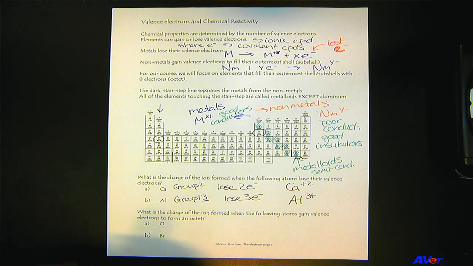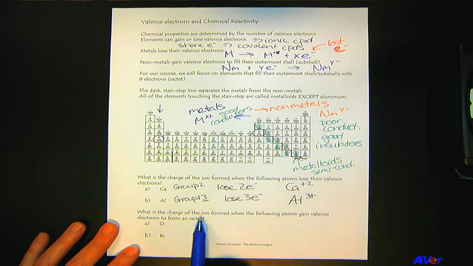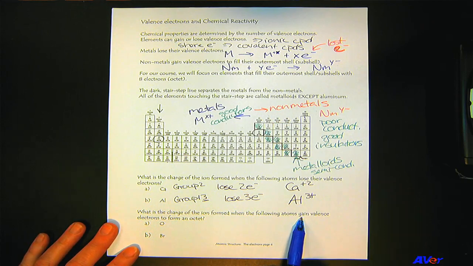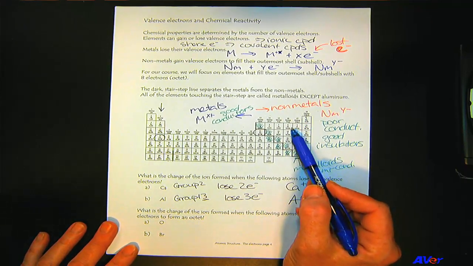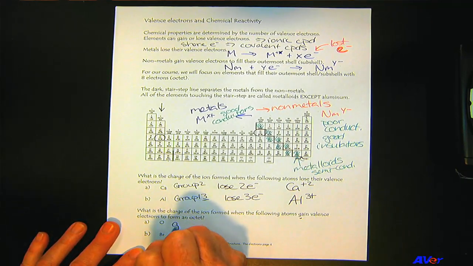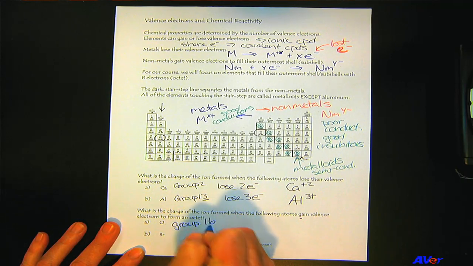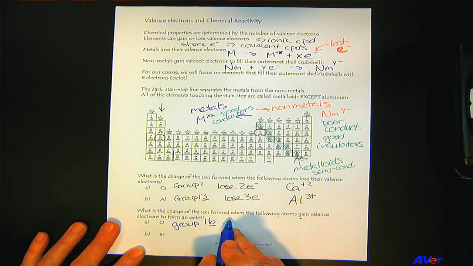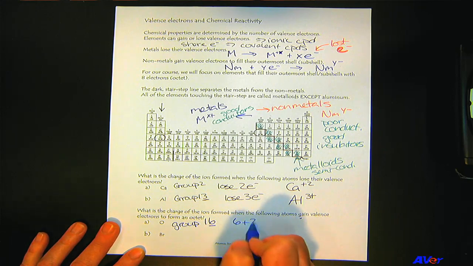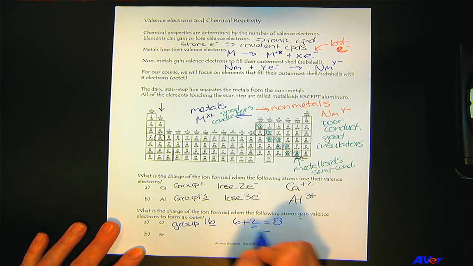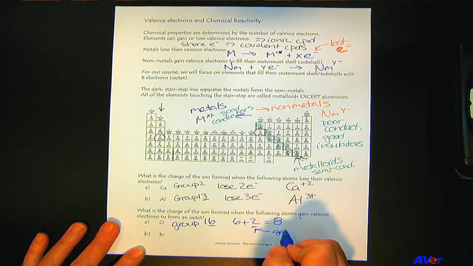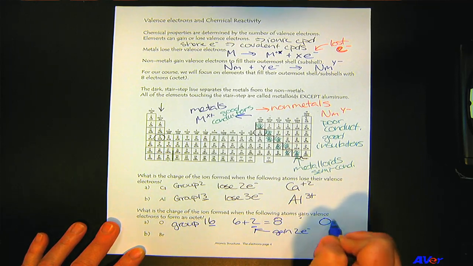Non-metals, on the other hand, to the right of the stair step, they're going to gain valence electrons. So if we look back at our buddy oxygen, it's going to be group 16 or group 6, right? So if we have 6 + 2, we got to get to 8, right? So oxygen has to gain 2 electrons.